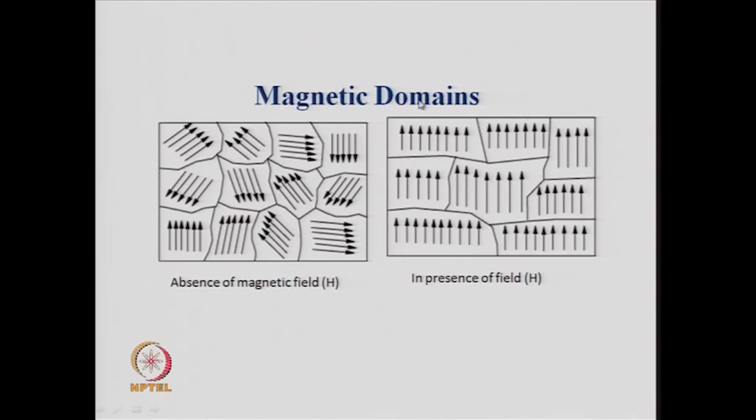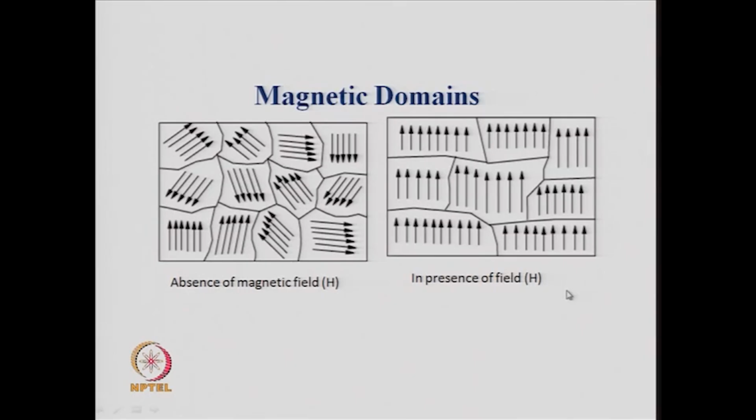So, magnetic domains are present in ferromagnets. The local magnetic field in each domain is ferromagnetic. The local interaction between the magnetic dipoles is ferromagnetic, and that means they are aligned with each other, but the neighboring domains are not aligned with each other.